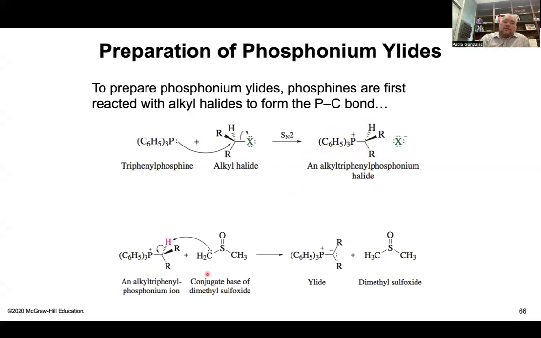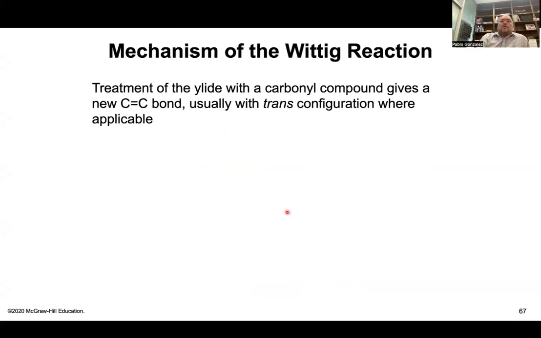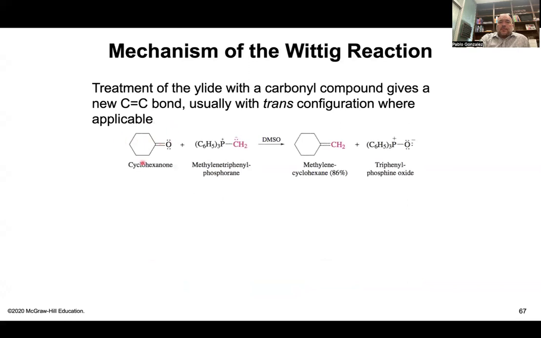This one is going to eventually use a conjugate base of dimethyl sulfoxide to remove this hydrogen and create the ylide. That is this one here. The ylide is going to react with the carbonyl group to create the double bond as the final product. So we have here the carbonyl group.